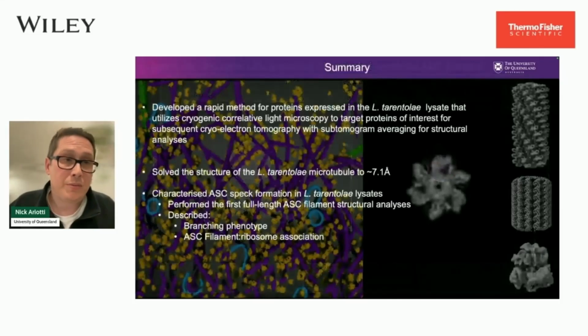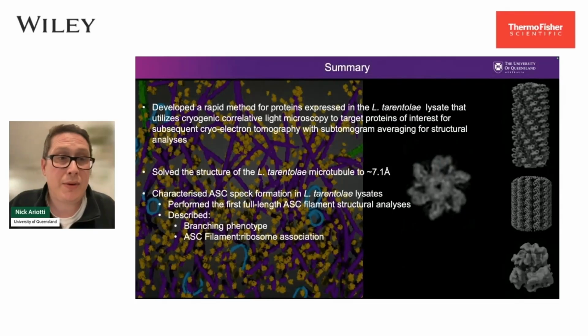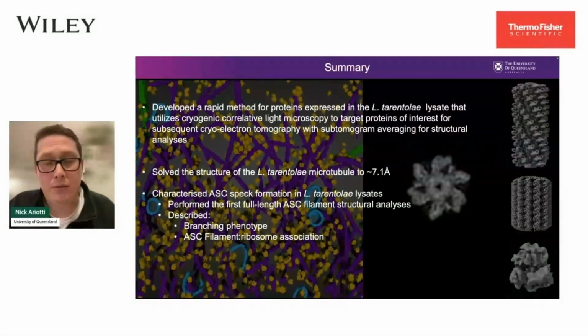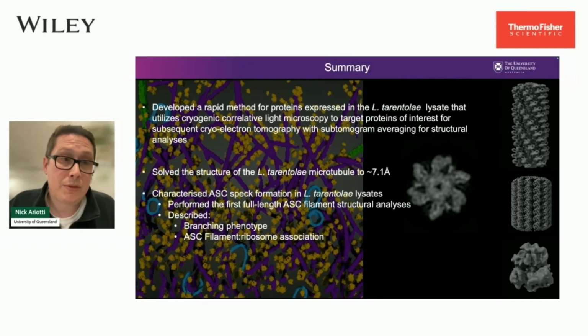Here we've developed a rapid method for proteins expressed in the Leishmania tarentulae system that allows for structural biology. We can use cryogenic correlative light and electron microscopy to target proteins expressed with fluorophores and then do subtomogram averaging on that. We've used the Glacios Thermo Fisher microscope to solve the structure of the Leishmania tarentulae microtubule to 7.1 angstroms.